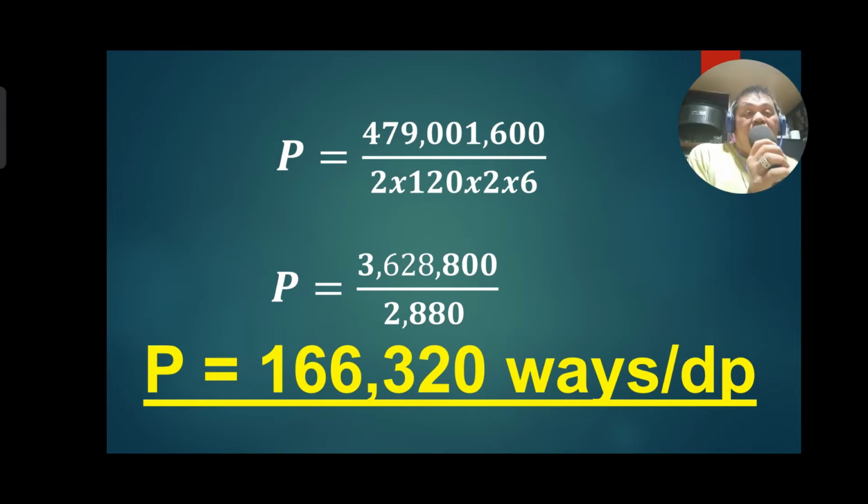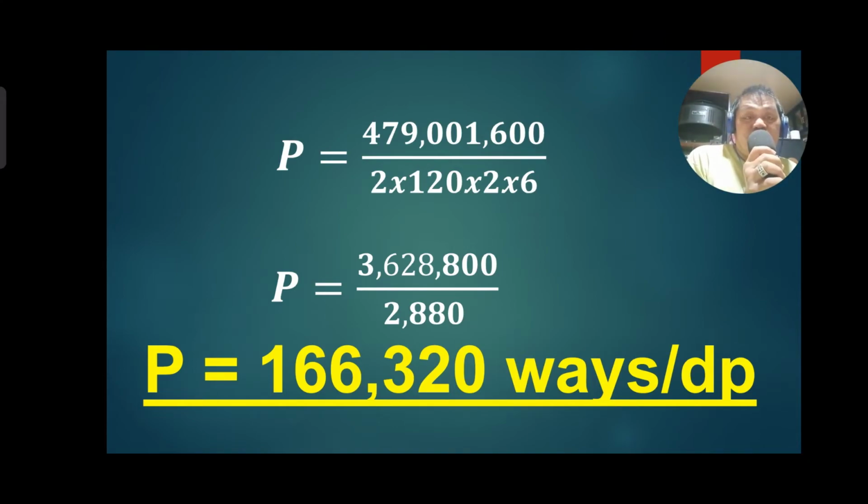We have 479,001,600 divided by 2,880 is equal to 166,320 ways or distinguishable permutation or order of arrangement.